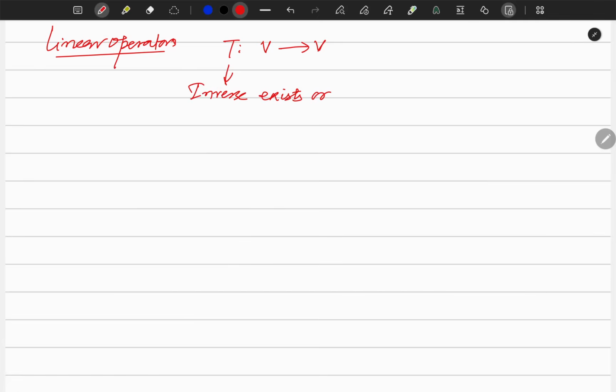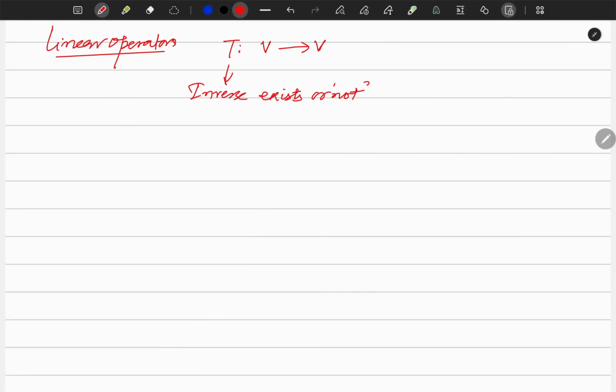Also I will note it here that in your syllabus you have the linear operator. So if T is from a vector space V to a vector space V, and you have to check whether its inverse exists or not, what do you have to do?